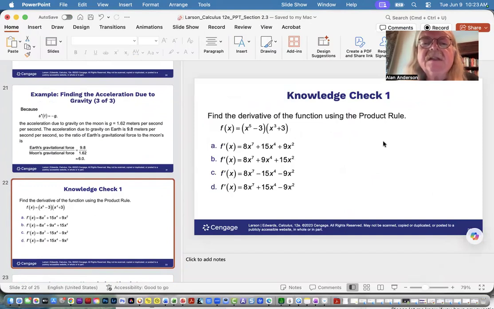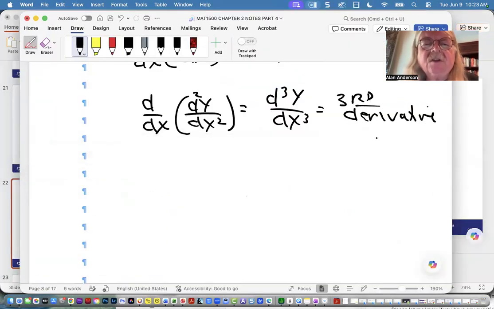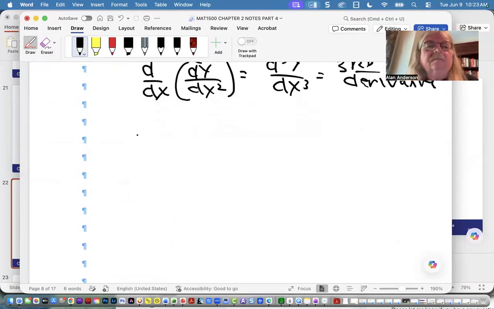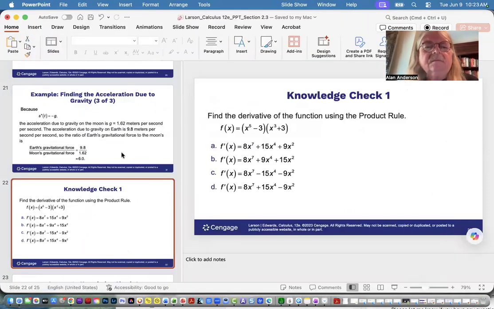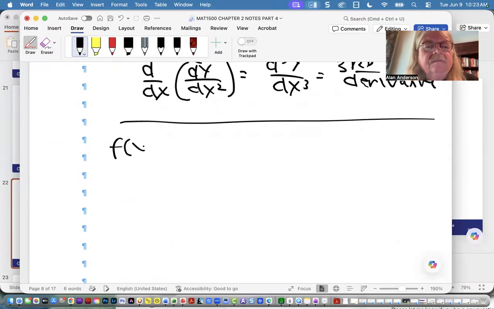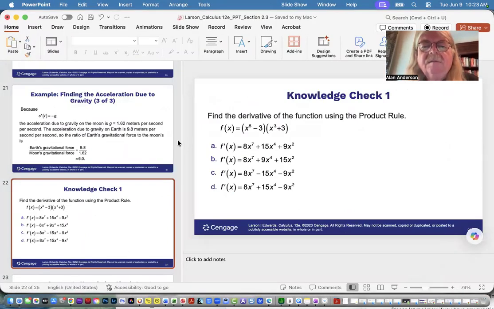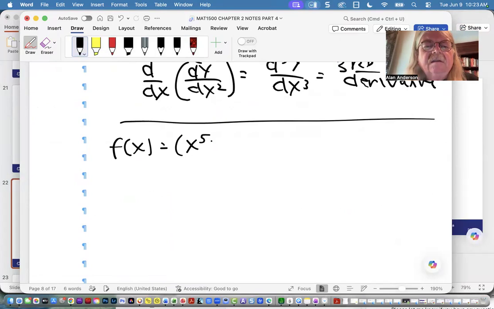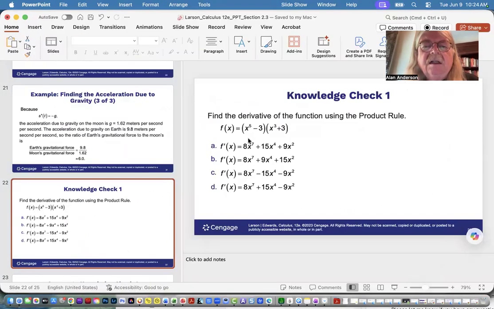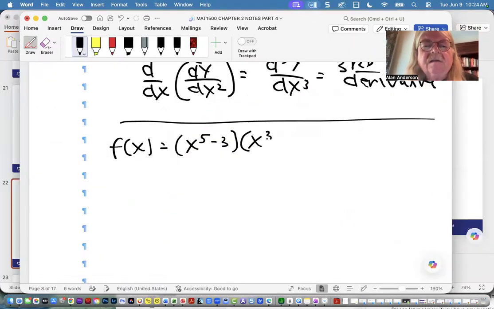Okay, now this is one we did skip over, I believe. So let's try this. X to the fifth minus 3, x cubed plus 3. So it appears to be a pretty straightforward product rule.